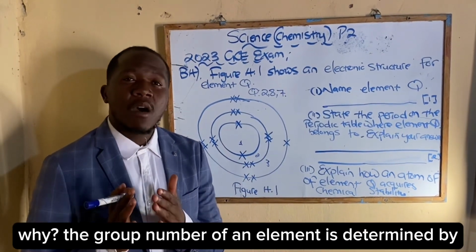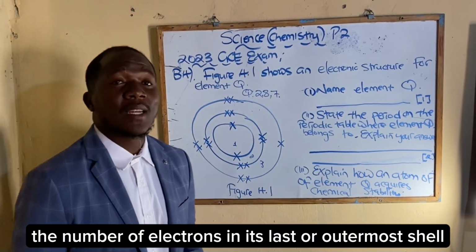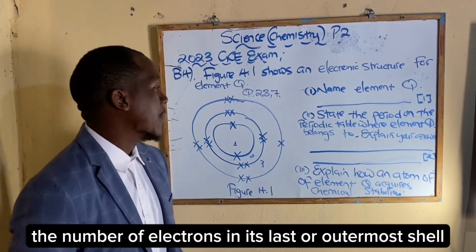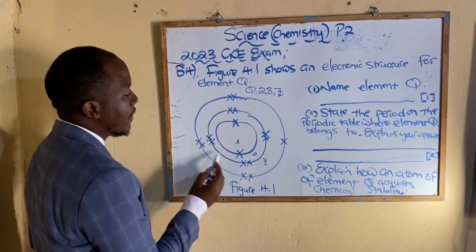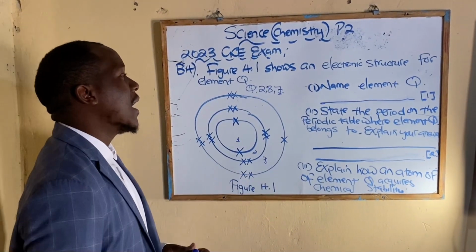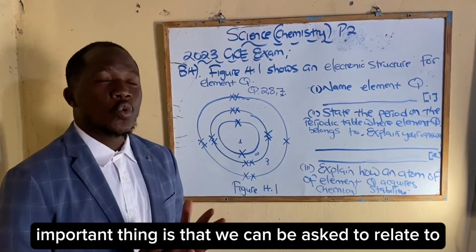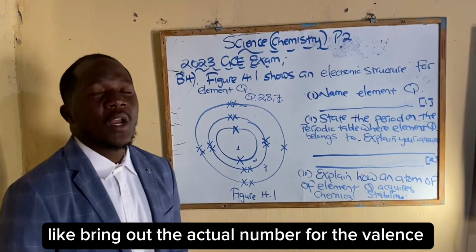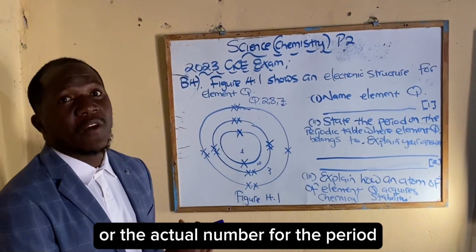The group number of an element is determined by the number of electrons in its last or outermost shell. You can determine it from the number or you can count 1, 2, 3, 4, 5, 6, 7. Also, we can be asked to bring out the actual number for the valence or the actual number for the period.